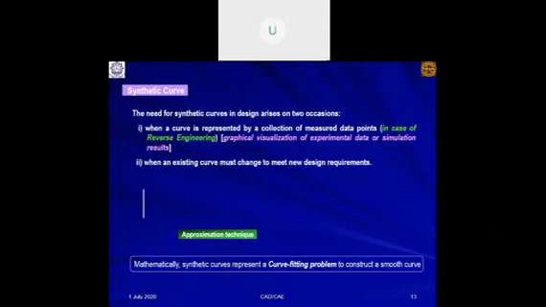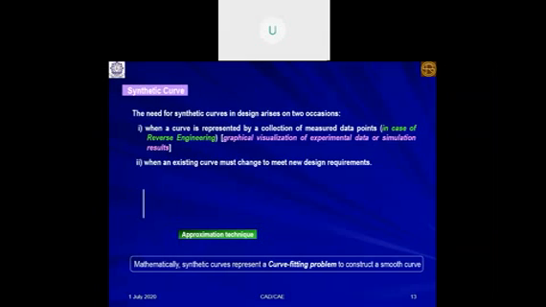The curve you are fitting in that experiment on the graph paper, by freehand or by French curve, is nothing but a synthetic curve, and that particular curve is described by your data points. That problem is nothing but the curve fitting problem in tools like Excel or MATLAB. So this is one occasion where synthetic curve is very much useful, when the curve is represented by a collection of measured data points.